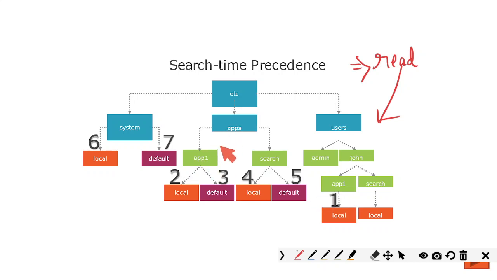And if the user is using this app one or search application, then it will be given first precedence and even more precedence as compared to the system local and default. Okay. So you can see that, this is the mother of all the directories when we are talking about index time precedence. But when we are talking about search time precedence, it is almost getting to the very last of it, right?